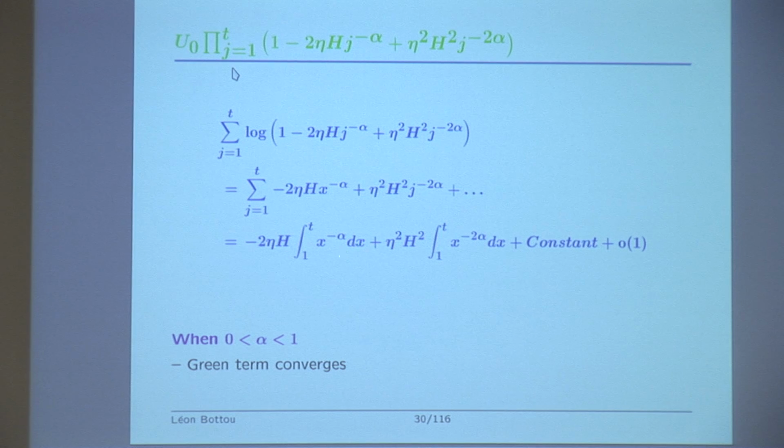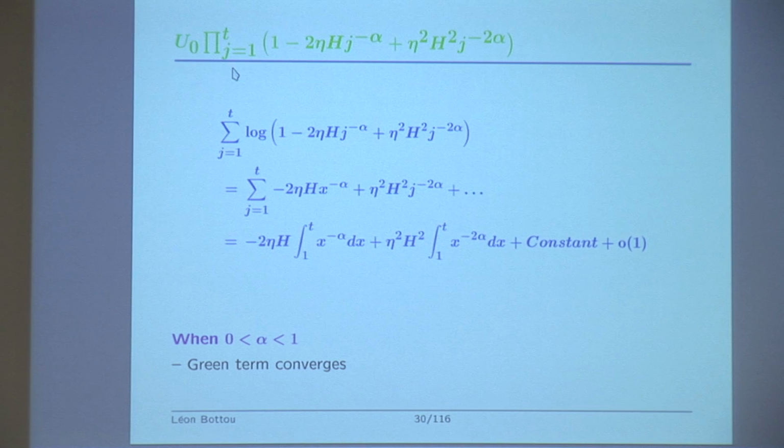And if I just apply the integration, I see that when alpha is between 0 and 1, this term here goes to minus infinity, and this one is smaller in comparison. So basically the log of this goes to minus infinity, which means that the green term goes to 0. So the green term converges.